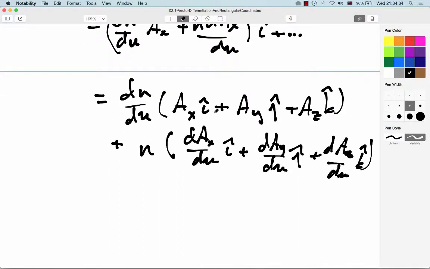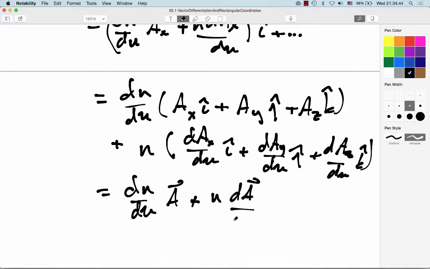So this first bit is just A, so we are left with dn du times A plus n times dA du, and that completes the proof. You can prove the other relations in a similar vein, but I will leave those as an exercise.